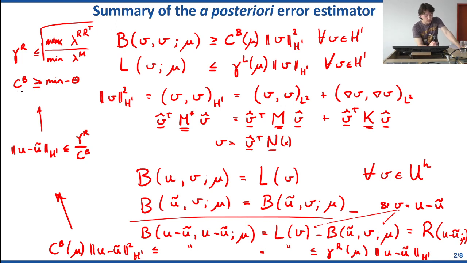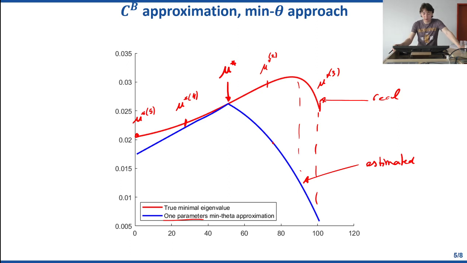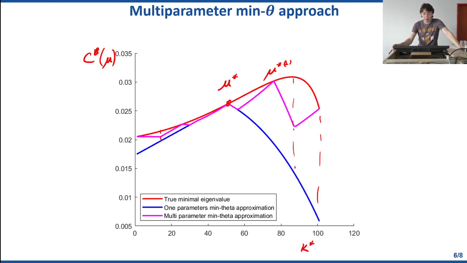And we've improved the computation of CB using this multi-parameter min theta approach. So this was the original gamma R approximation, and this is the one that we can compute now. So we improve our error estimate by a factor of 10. Then this was our original CB approximation using the min theta approach. Now we use this multi-parameter min theta approach. So we reduce the error of our error estimator by another factor of 2.